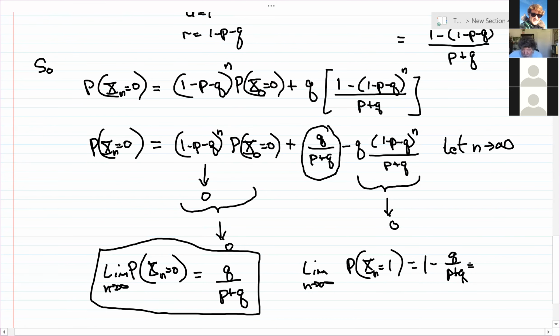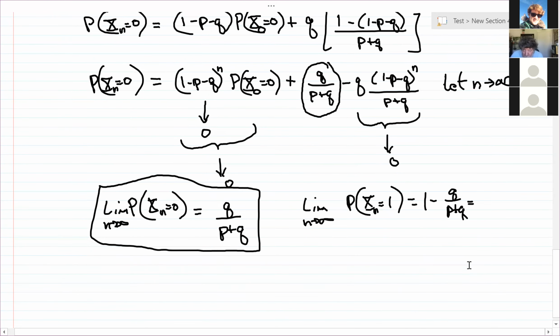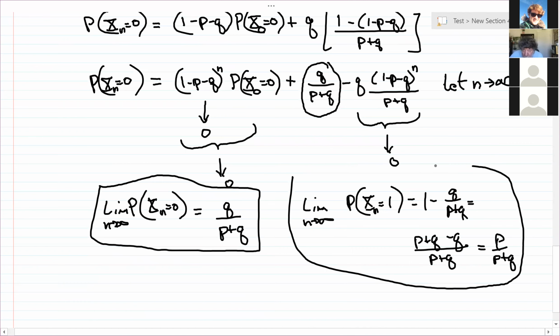But if you do the algebra, change this to a common denominator of p plus q, and you get p over p plus q. So that's the companion result.